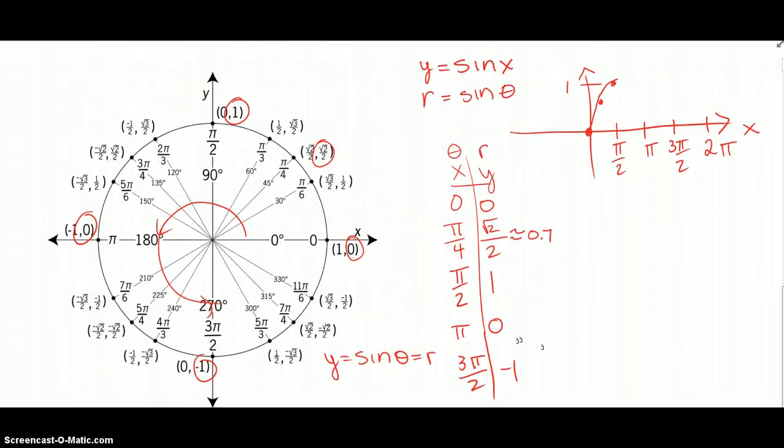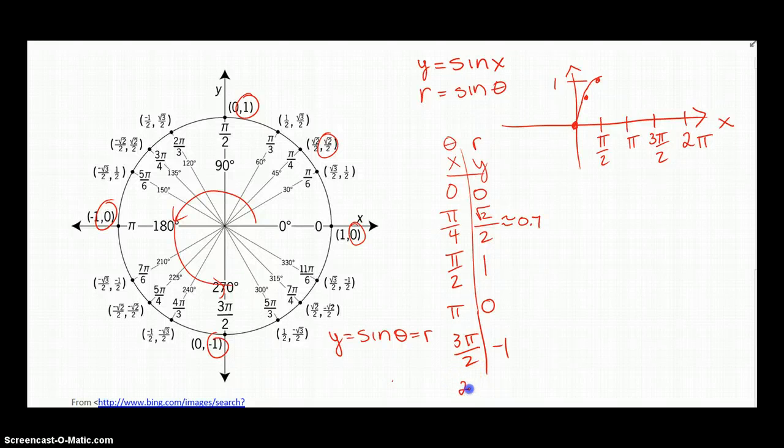And let's scroll down just one little bit more so we can get to one more value, 2 pi. Because 2 pi we know is the same as 0 degrees, which goes back to 0. It repeats. So pi was 0, 3 pi over 2 we go down here to -1, and 2 pi is 0. You get that curve that you saw in our first video.